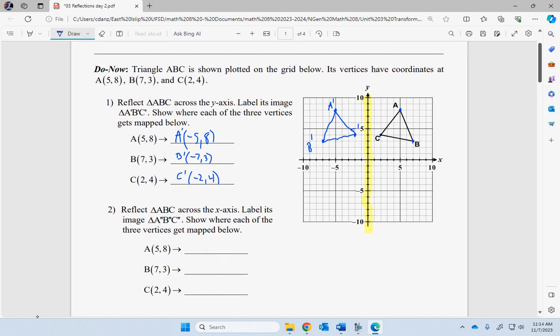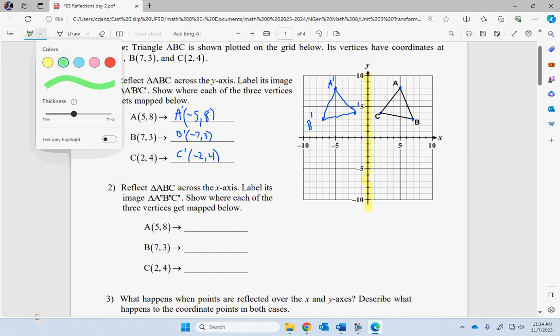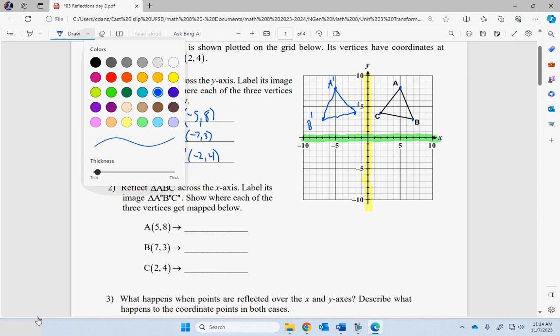Next, they ask us to reflect triangle ABC, so back to this original triangle, but now over the x-axis. So I'm going to highlight my x-axis. And I'm going to remember to reflect over that line. So I'm going to count how far away point A is from the x-axis.